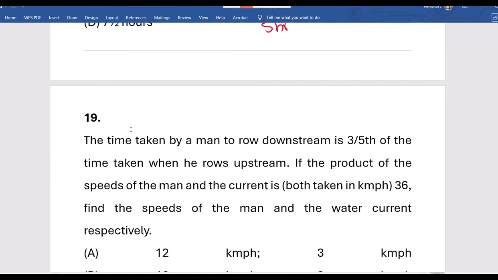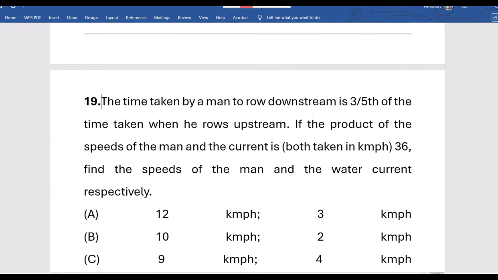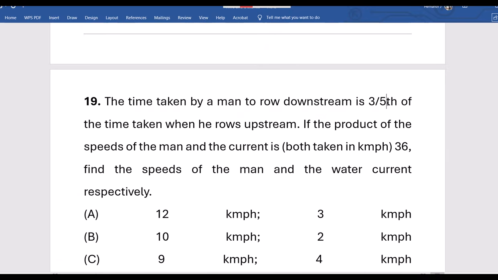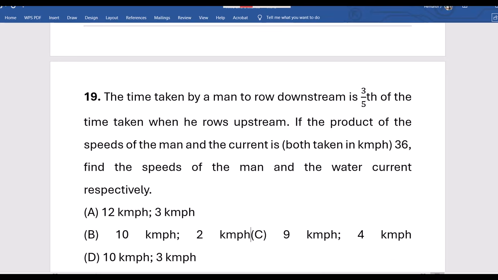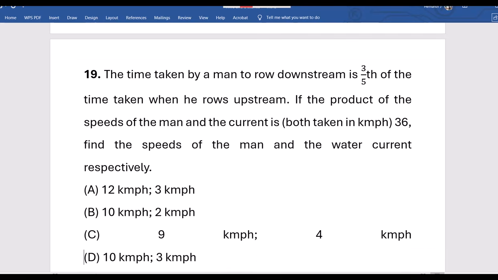Don't worry. Now let's have a look at question number 19. It is a concept-oriented question. 3 by 5 of the time you travel downstream, the remaining time upstream, and the product of the speeds is given.